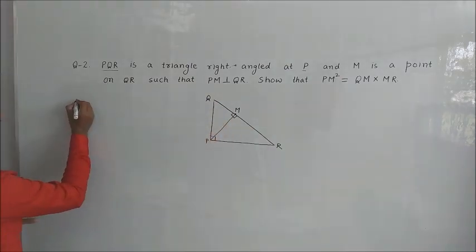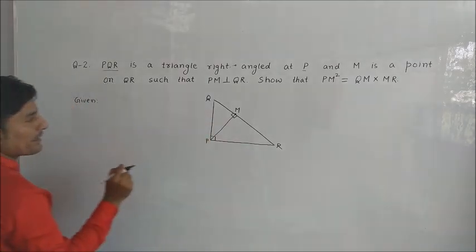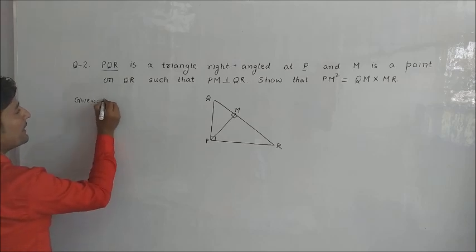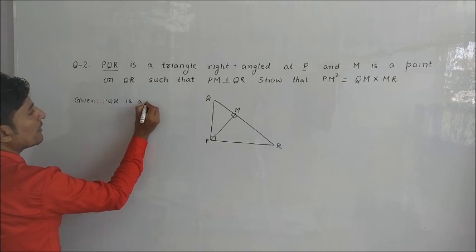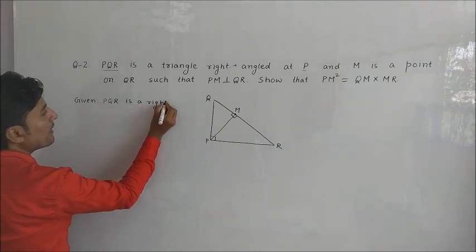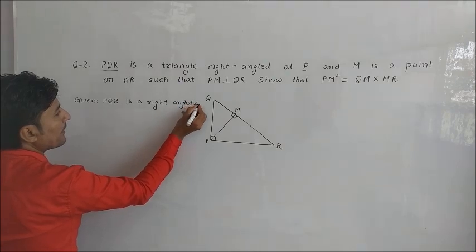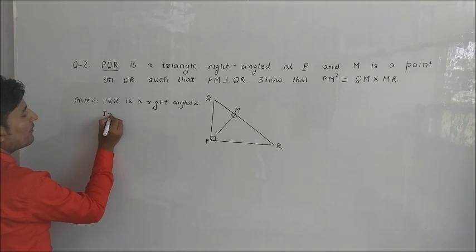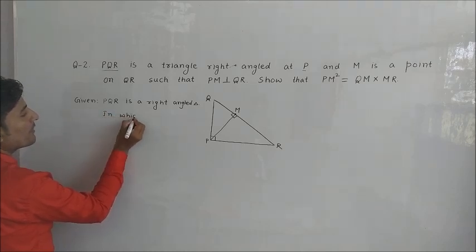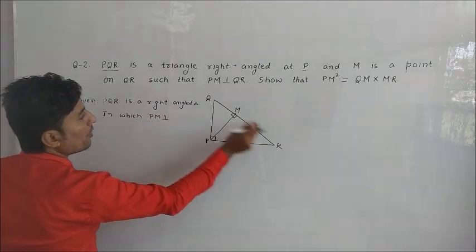So first of all, in the given, we can write down PQR is a right angled triangle in which PM is perpendicular on QR.